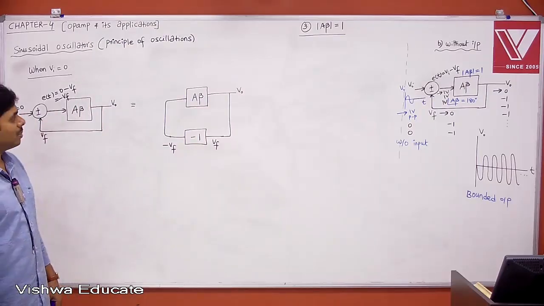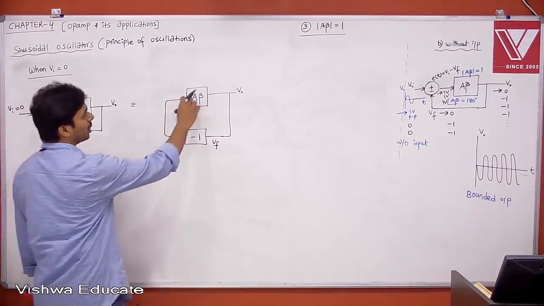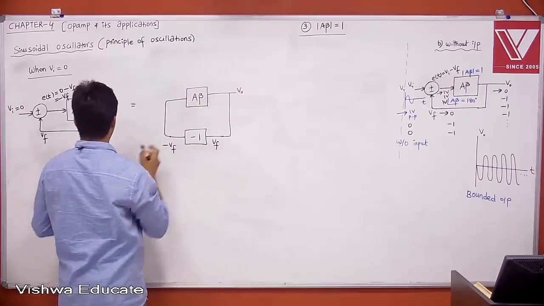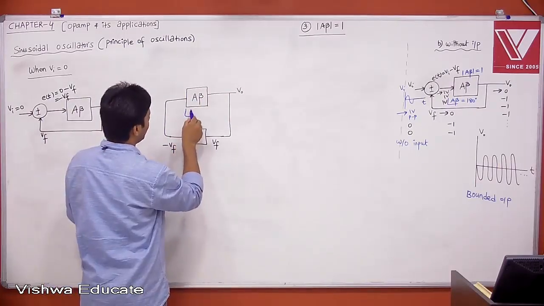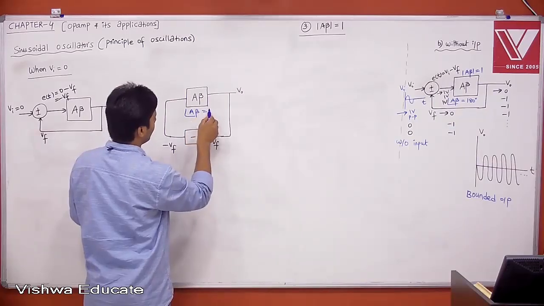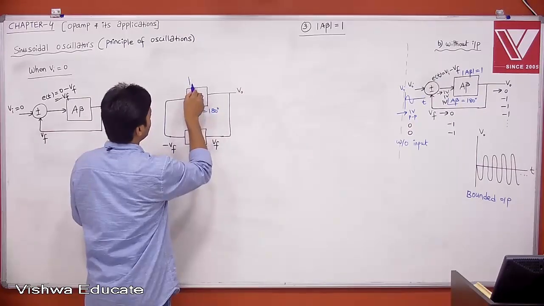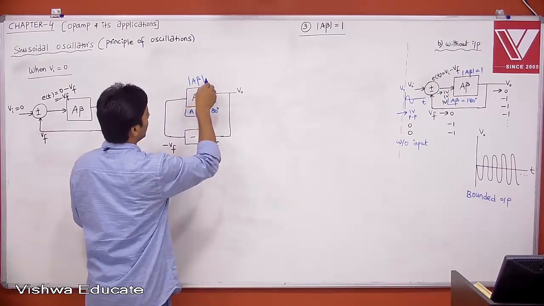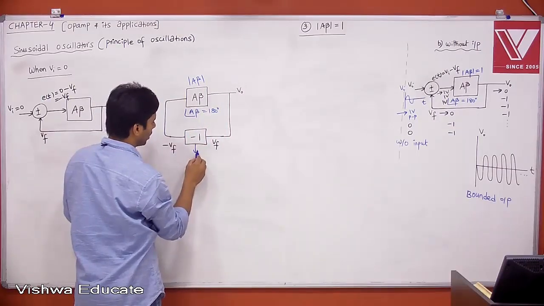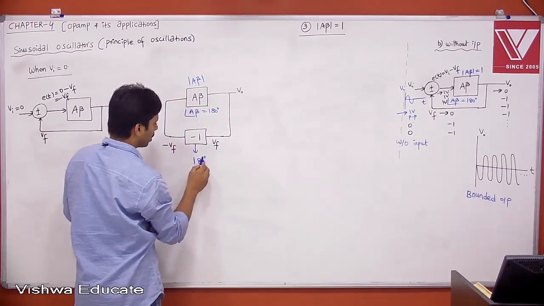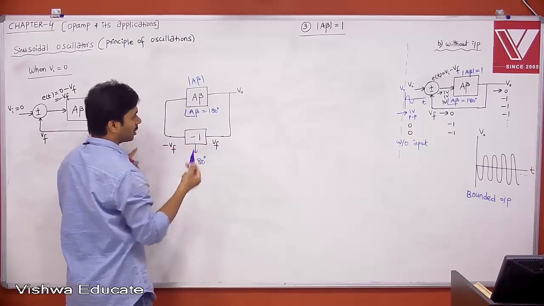Ultimately, if I go back, this is your loop gain, right? We know that angle A beta is giving 180 degrees phase shift and having some loop gain. It could be greater than 1, less than 1, or equal to 1, whatever it may be. And this minus 1 is giving 180 degrees phase shift. What is the meaning of minus 1? 180 degrees phase shift.